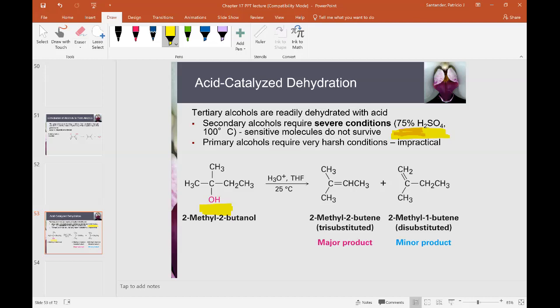And so that's why here, out of the two options, the major product will be this, because here you have a tri-substituted alkene. The other alternative product is a di-substituted. That's why it will be the minor product, right?